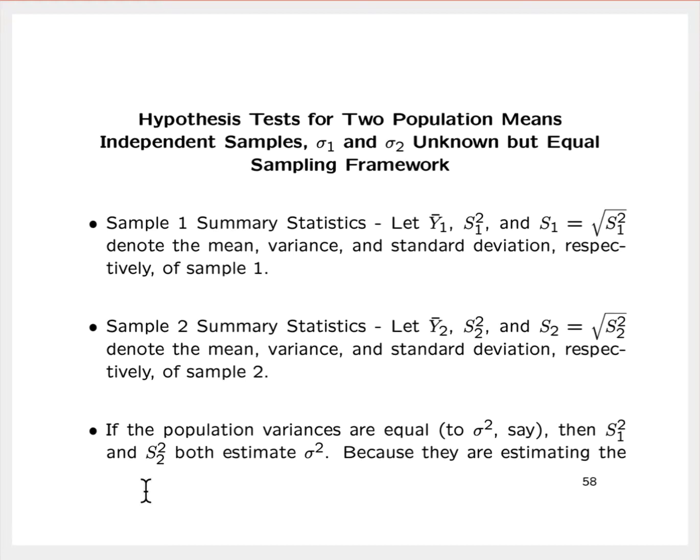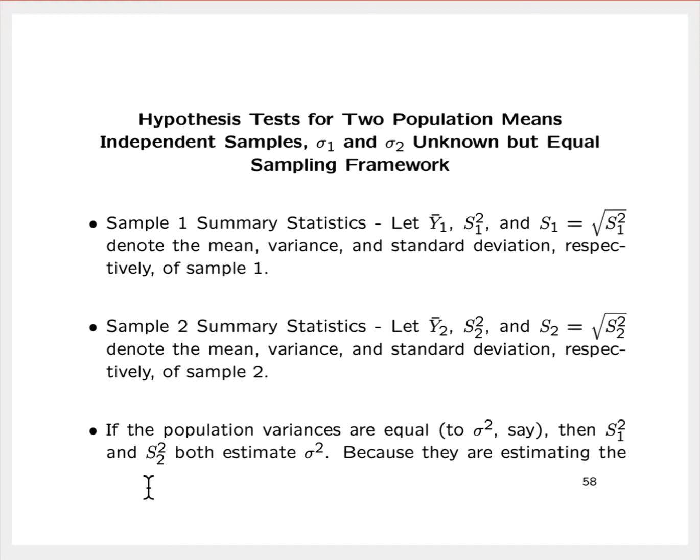You'll recall from our discussions of sampling distributions, in particular the sampling distribution of the sample variance, we showed that the mean of the sampling distribution of the sample variance is always equal to the variance of the population from which that sample is obtained. So S1 squared is an unbiased estimator of the variance of population 1, and S2 squared is an unbiased estimator of the variance of population 2.